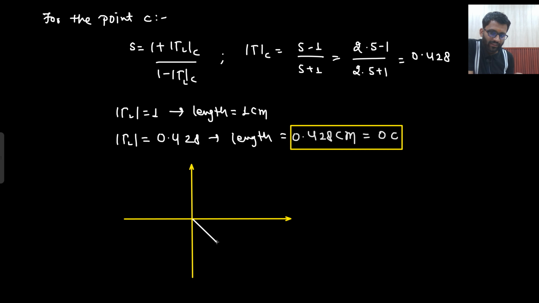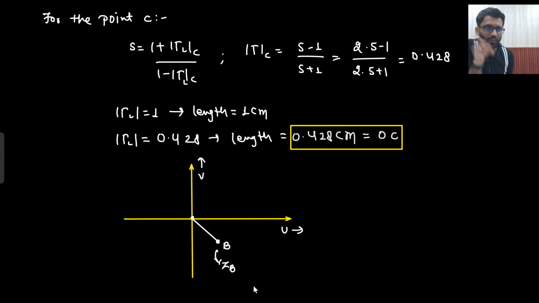So if I locate this impedance on the Smith chart, this is your U, this is your V. If this impedance is my ZB, and I have located this impedance and then I join this line to the origin, then what I will get?